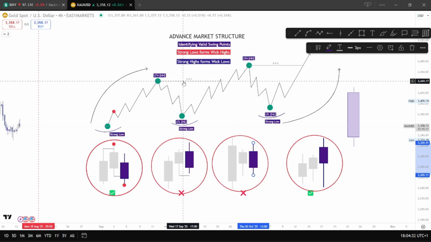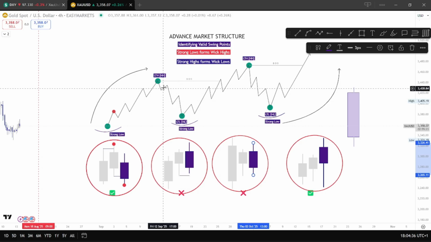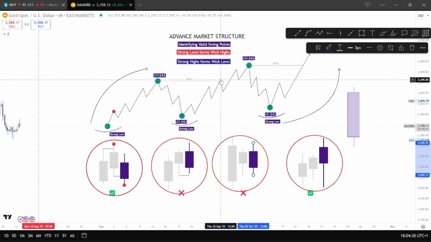Now, with time, you're going to be hearing me mention internal liquidity and external liquidity, or draw on liquidity. If you listen to the introduction of this course, you understand what liquidity is. Liquidity is just money. Basically, without money, the market cannot move.